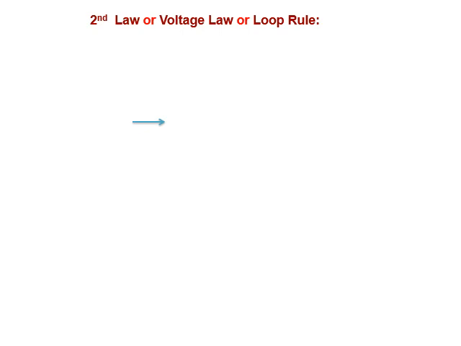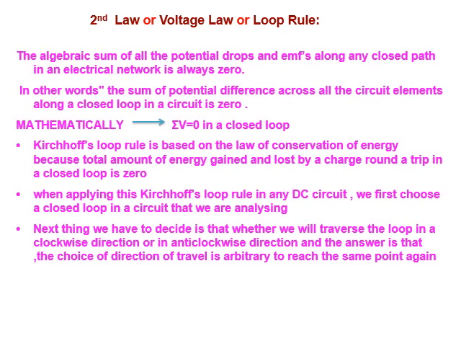Around any closed loop of a network, the algebraic sum of changes in potential must be 0. In other words, the algebraic sum of EMFs in any loop of a circuit is equal to the sum of the products of current and resistances in it.